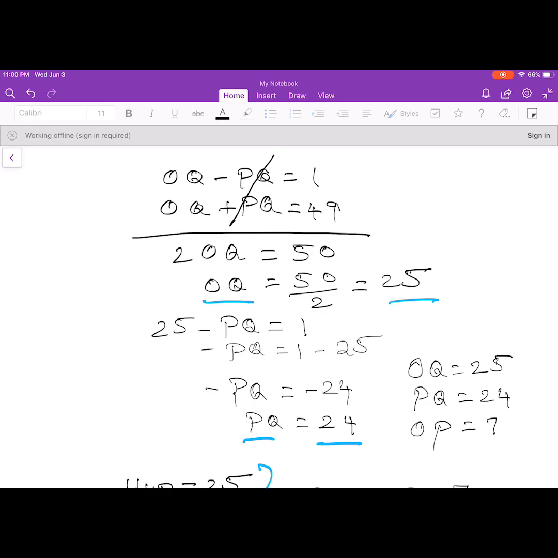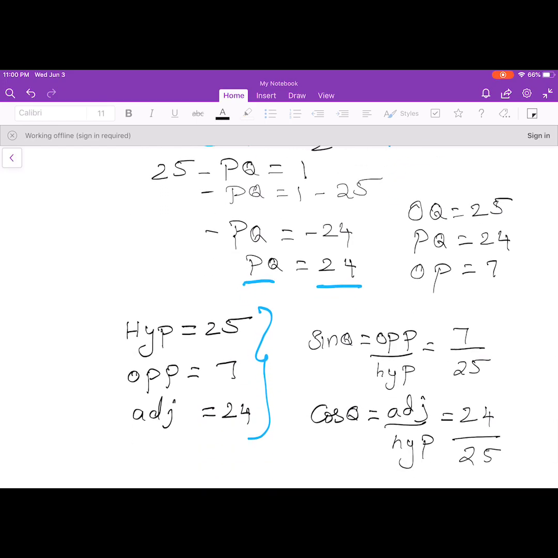So we have OQ is 25, PQ is 24, and OP is 7. So hypotenuse is 25, opposite is 7, and adjacent is 24. From this, sine theta is opposite by hypotenuse, 7 by 25, and cos theta is adjacent by hypotenuse, that is 24 by 25.